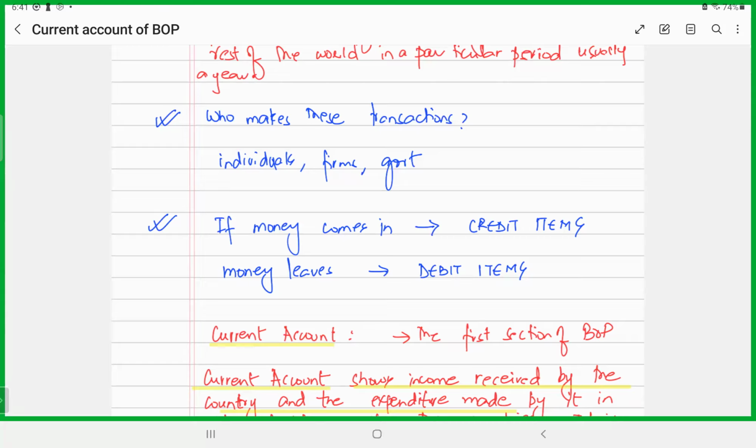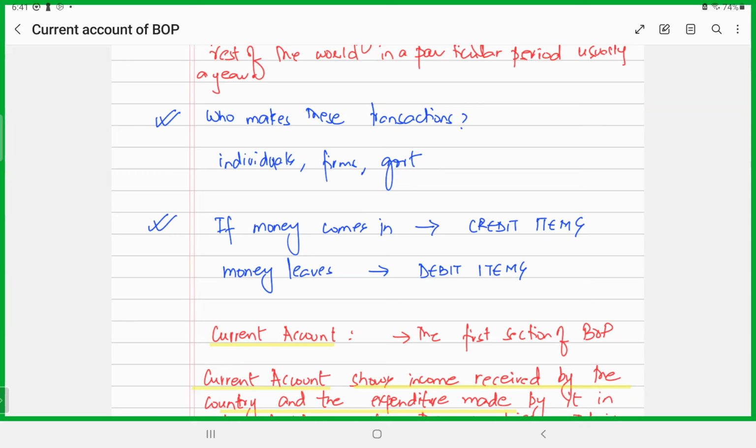Questions are there in paper 1. A lot of the content of BOP is tested in paper 1 by way of MCQs. They either ask us questions regarding any of the four components of the current account, or they give us figures and ask us to calculate the current account balance, or they ask if a particular transaction deals with a particular component of current account or not.